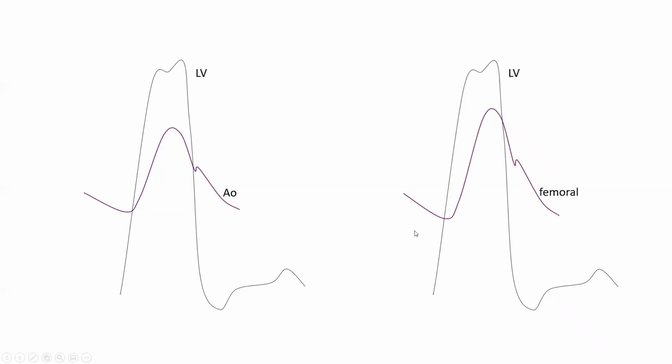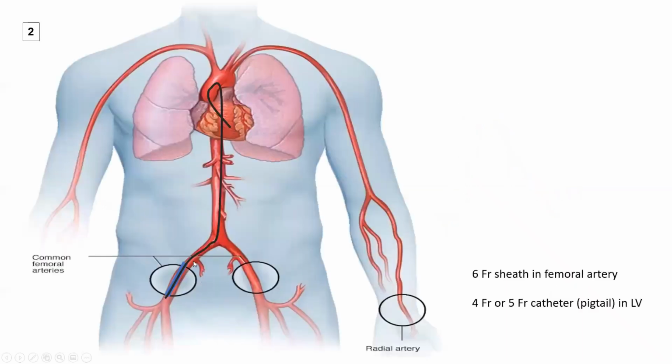The younger and healthier you are, the higher your peripheral pressure is compared to the aortic pressure. That's why the normal ABI in young people is about 1.1. Therefore, if you're assessing for aortic stenosis, using the femoral artery may underestimate the true gradient. Also, the femoral artery is more delayed compared to the aortic pressure. So it's not ideal to use a femoral sheath and LV pressure.